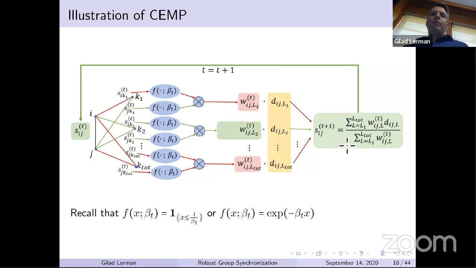So before I move on, let me just tell you that it kind of reminds me of a neural network. So we have the linear part here, and then we have nonlinearity here with a somewhat different architecture. So we look at all the neighboring edges in a cycle, in all cycles.